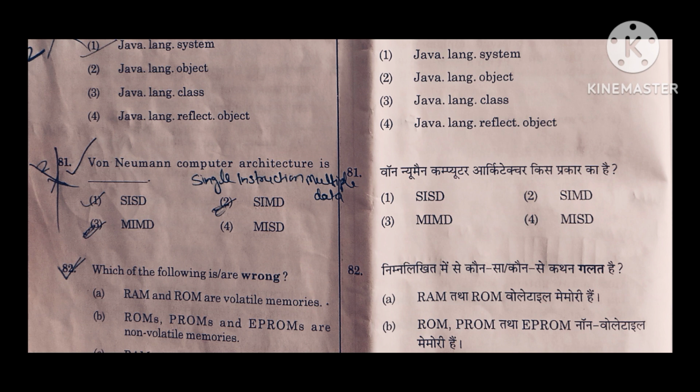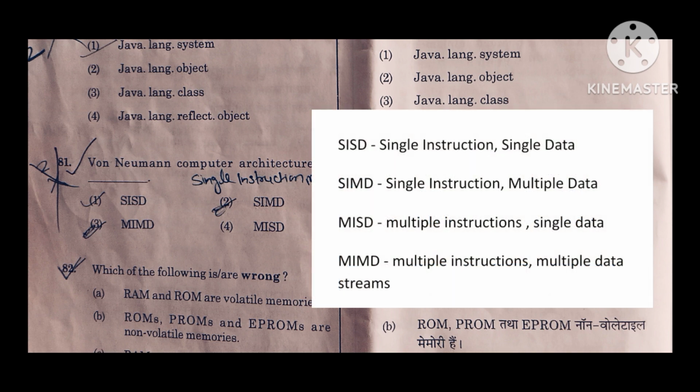Okay, so the first option is SISD. SISD stands for single instruction single data. SIMD stands for single instruction multiple data. MIMD is multiple instruction multiple data, and MISD is multiple instruction single data.